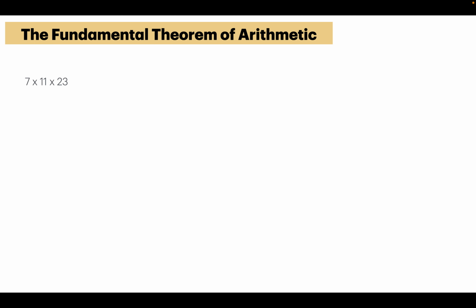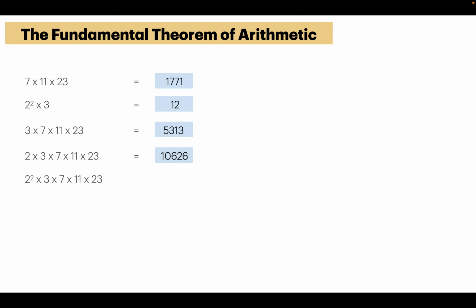Now you can see this number, which is 7 times 11 times 23, 1771 that was, and this number, which is 12, and other numbers. Well, there is something very special or let's say peculiar about these numbers, which is that these numbers, say 1771, 12, 5313, and so on, are all composite numbers.